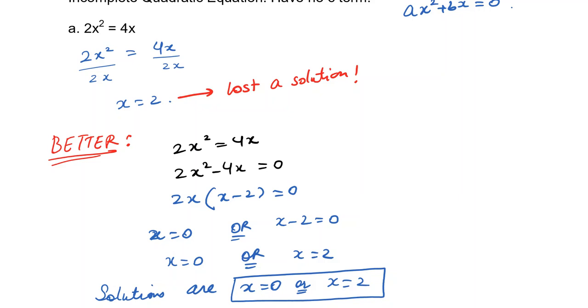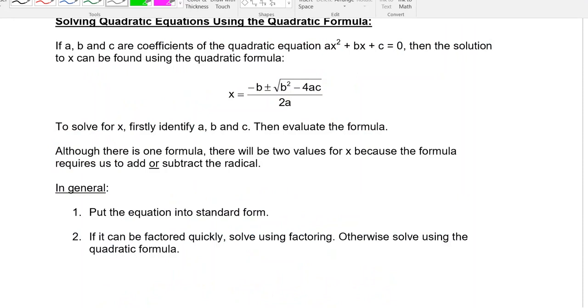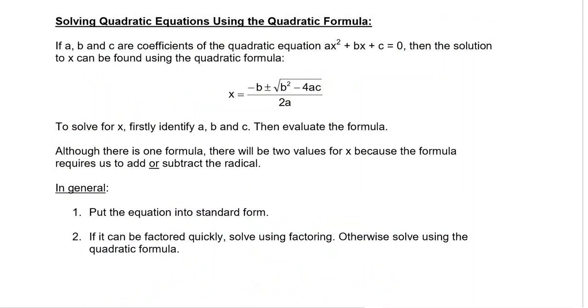So next I'm going to discuss how to solve quadratic equations using the quadratic formula. We know that the common form of a quadratic equation is ax squared plus bx plus c equals 0. So we can figure out the values of a, b, c.